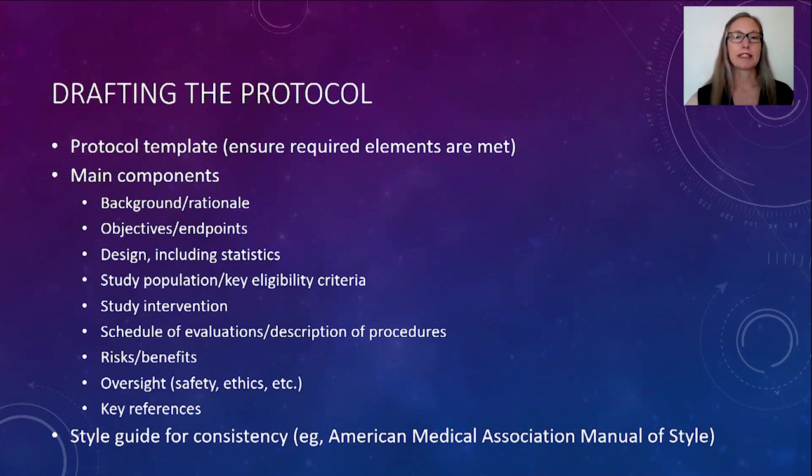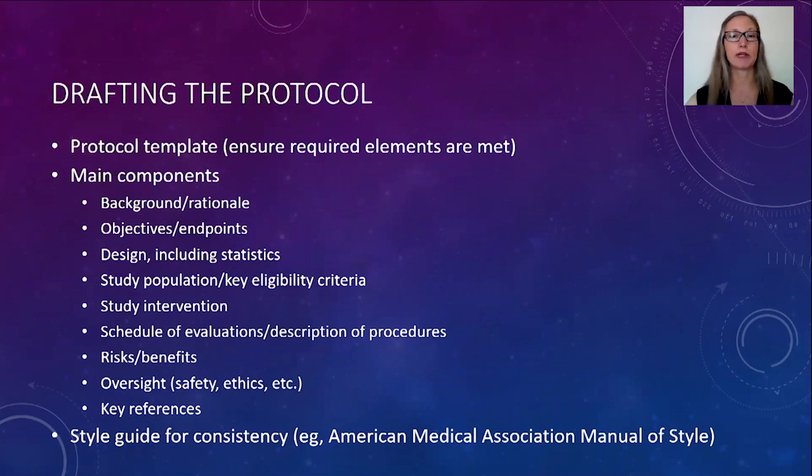Every protocol must have a clear description of the study design. This includes an overview of the main statistical design, for example, randomization, blinding, placebo control, crossover design, etc., as well as an overall description of what will happen on the study.